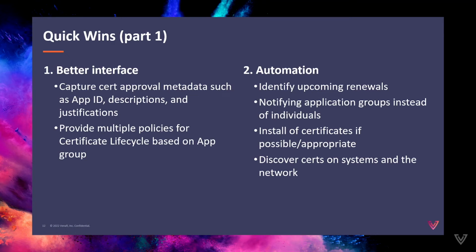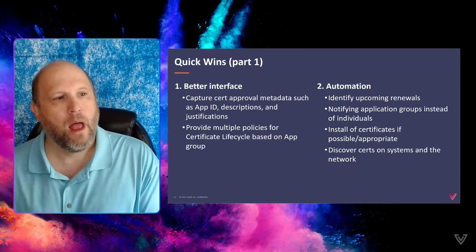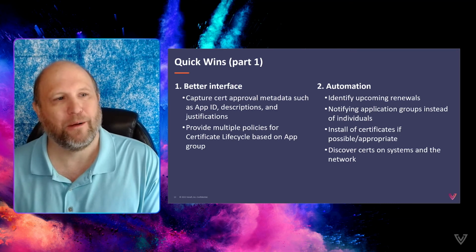The second quick win was automation. Now, Venafi can do a lot of different automation. You can have API integration. You can automate certs where it will deploy certs to the site itself. And that automation can be completely without human interaction. That's not the automation I'm talking about.